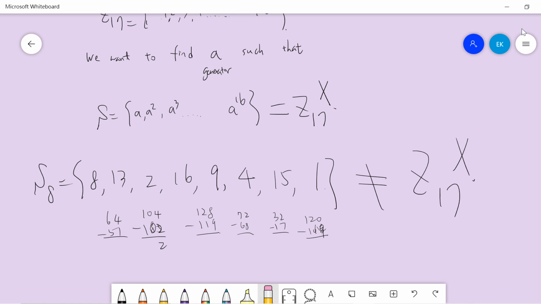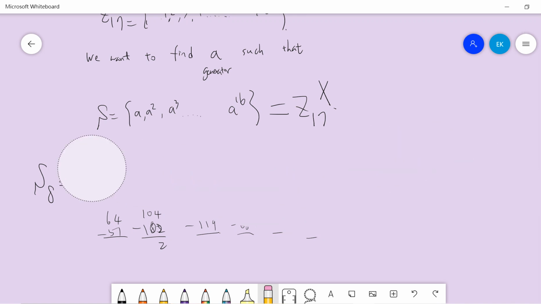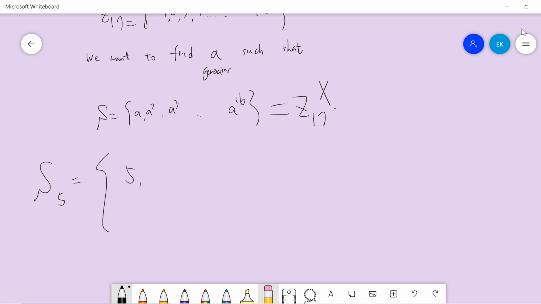Finally, the only remaining possible choice is 5. 5, 25, which is 8. 8 times 5 is 40. 40 modulo 17 is 6. 6 times 5 is 30. 30 modulo 17 is 13. 13 times 5 is 65. 65 modulo 17 is 14. 14 times 5 is 70. 70 modulo 17 is 2.